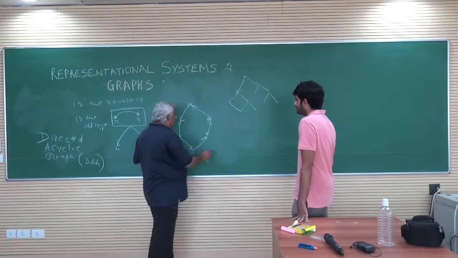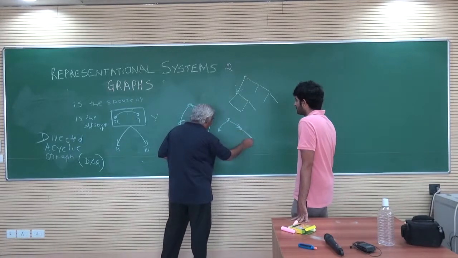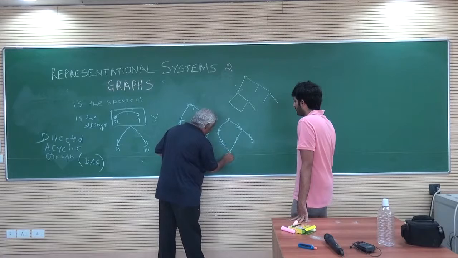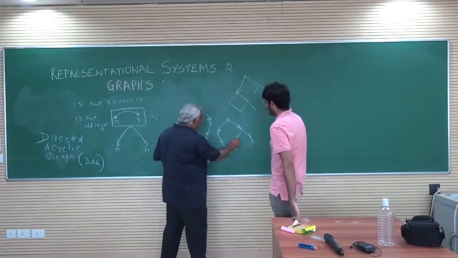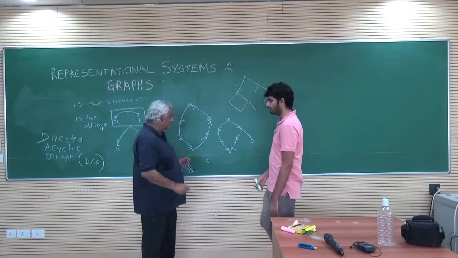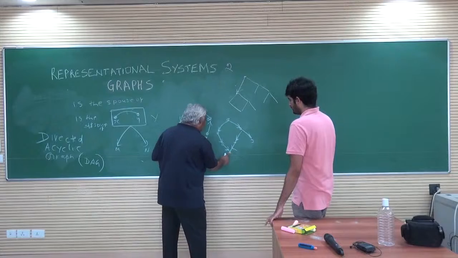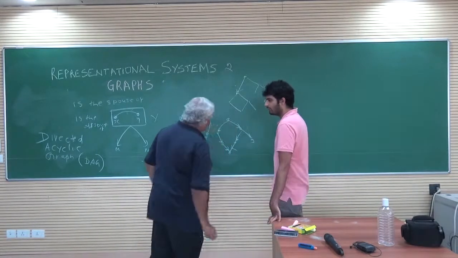But if you can do this, you're not going back. The arrow means that you can't go back, unless there is an arrow the other way. You can only go from here to here. So this is actually acyclic.